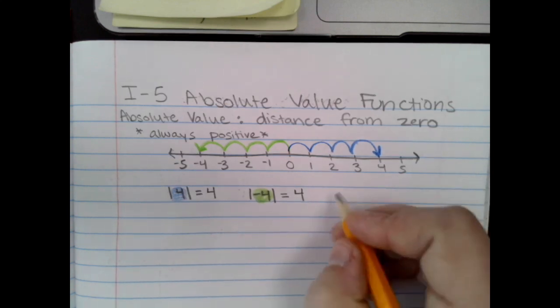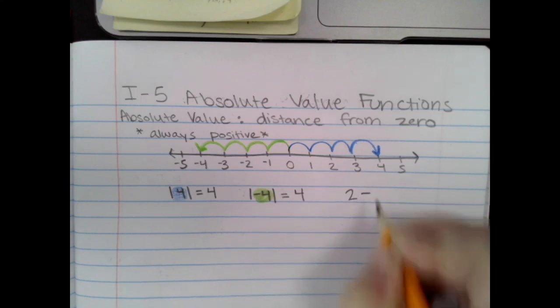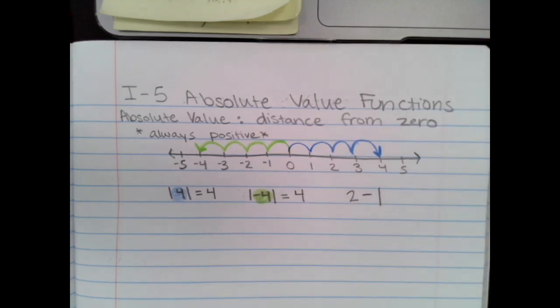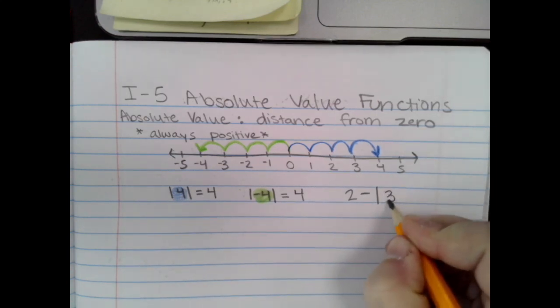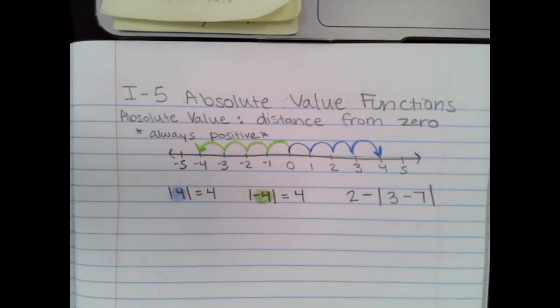All right, what if I do 2 minus the absolute value of 3 minus 7? So this goes back to our order of operations, thinking about what we need to do first, second, third, all that good stuff.